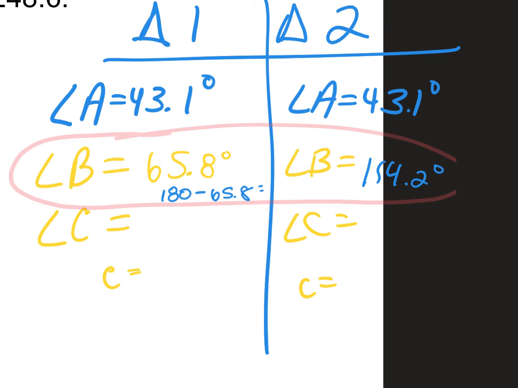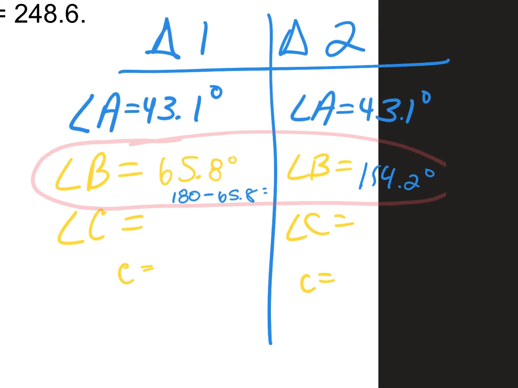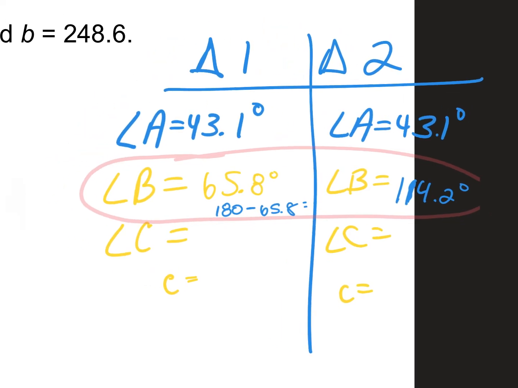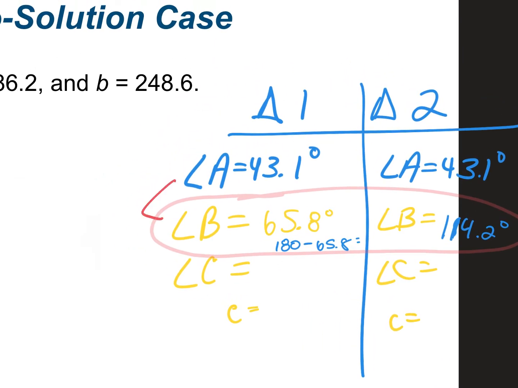Okay. All right, now, if there is a second triangle, we will be able to find that out right this second. Let's finish the first one. How do you find the third angle in the first triangle? What do you do with these two numbers? Add, so 43.1 plus 65.8. I get 108.9. So 180 minus 108.9.